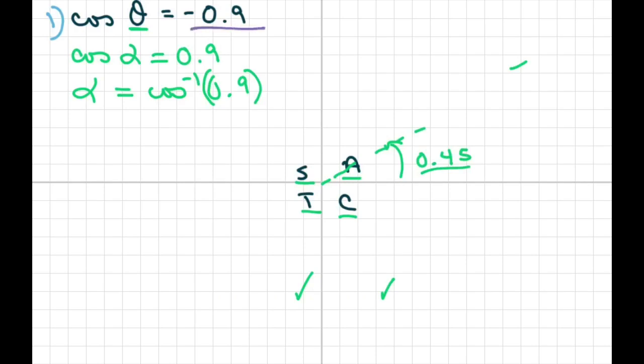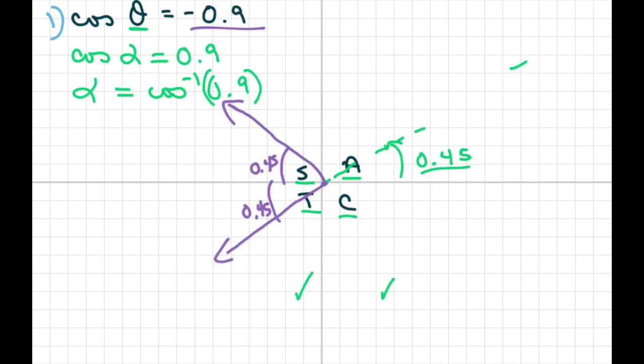But we want quadrant 2 and quadrant 3, where cosine is negative. So right in here. Because that's where cosine is negative. So this little bit is 0.45, and this little bit is 0.45.